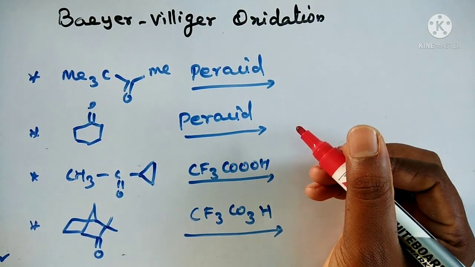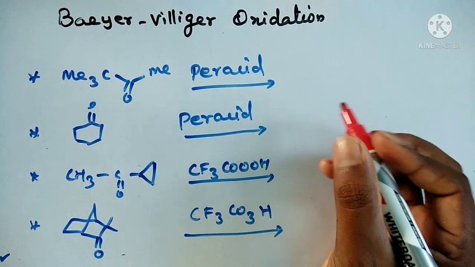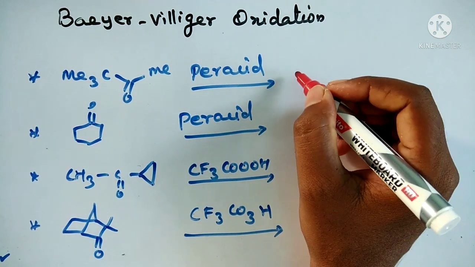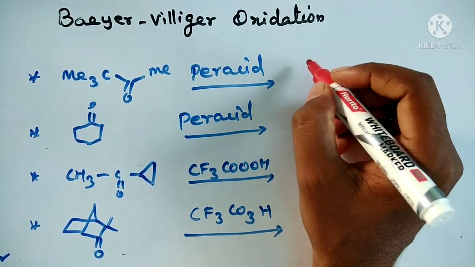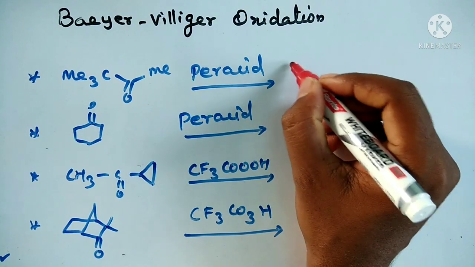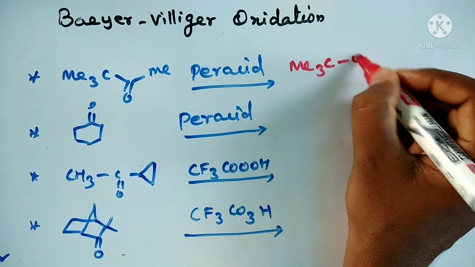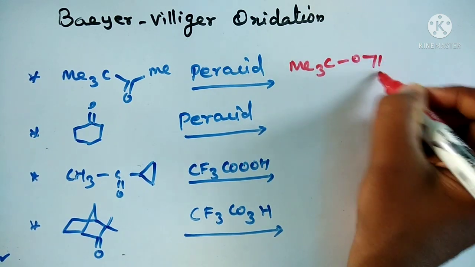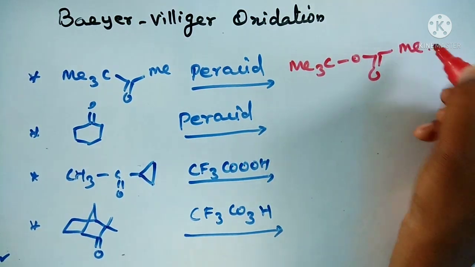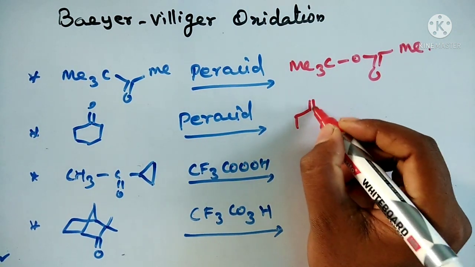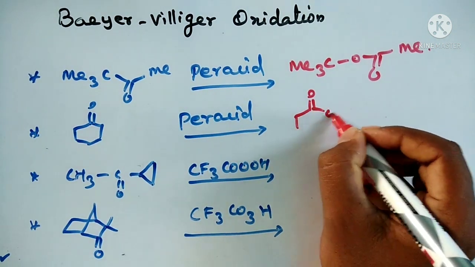Let's discuss a few more examples. This is a tertiary, this is a primary. So migration of tertiary is preferable than the primary. You will get an ester product, with the tertiary group on oxygen and C=O-methyl. In this case, just insert the oxygen between the ketone and methyl.